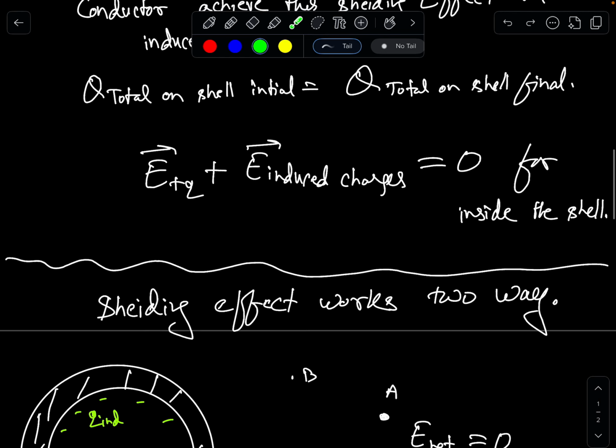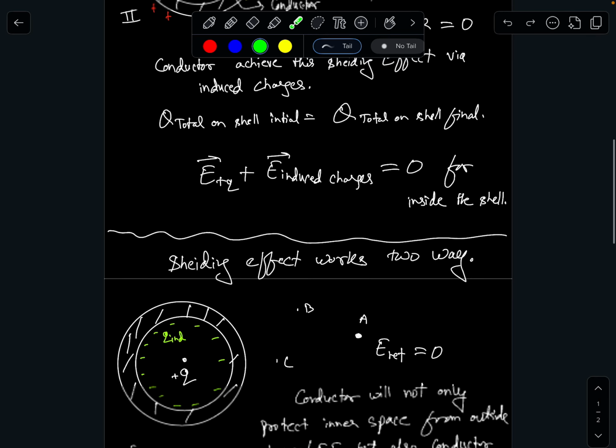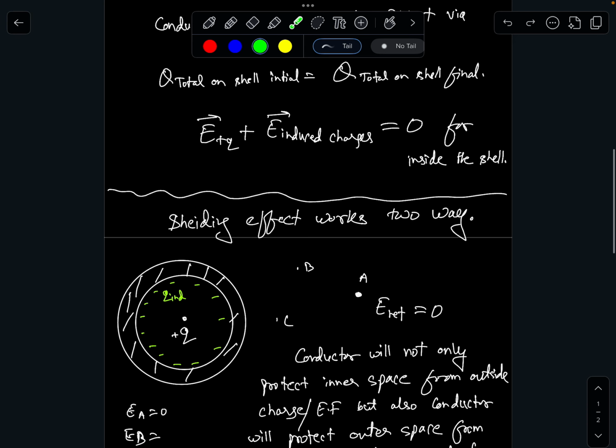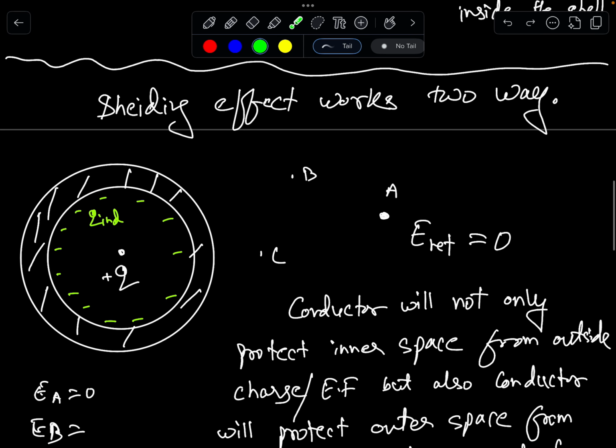As I told, this shell will follow charge conservation. What was the charge on the shell before? Total charge was 0. So if total charge was 0, and I have an induced charge on the inner surface of this shell, there will be induced charge on the outer surface of the shell also.